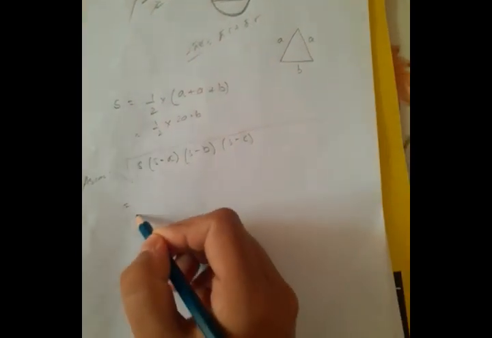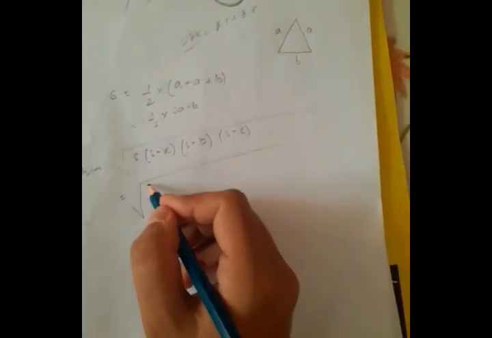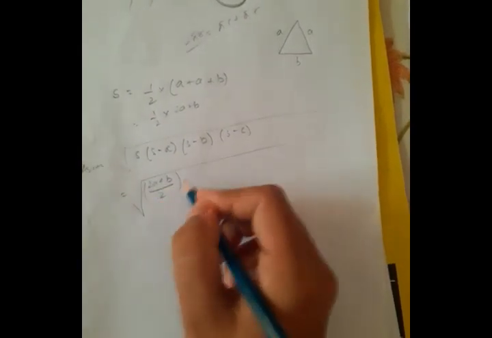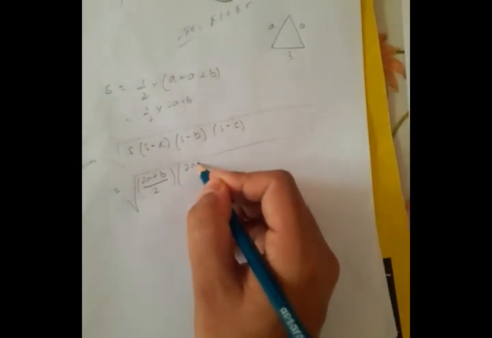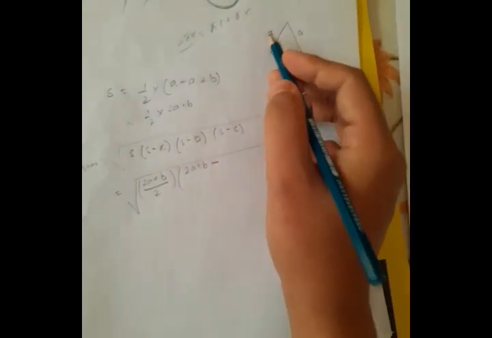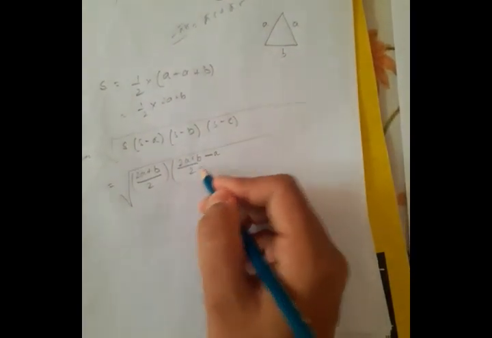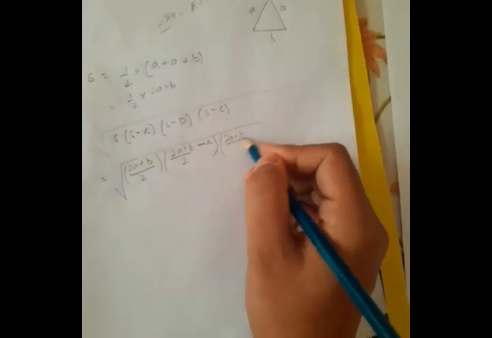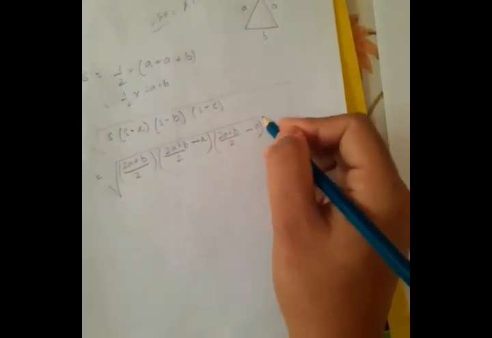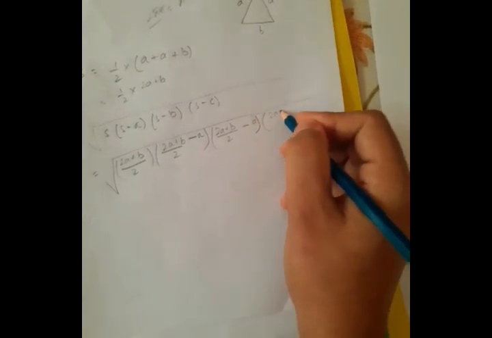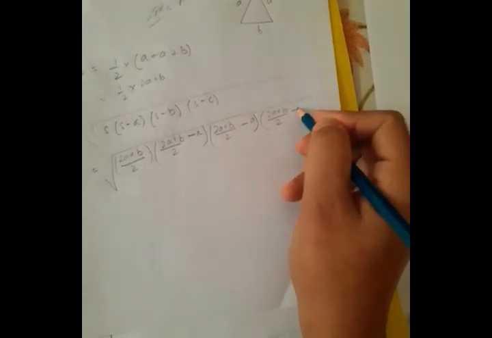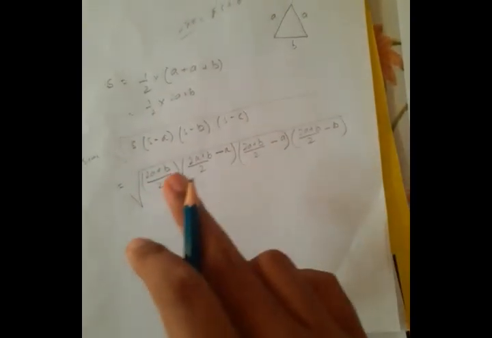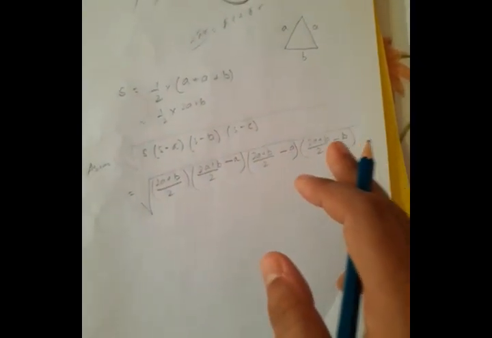The value of s is 2a plus b by 2 into 2a plus b by 2 minus a, 2a plus b by 2 minus a, and 2a plus b by 2 minus b. So we got all the sides.